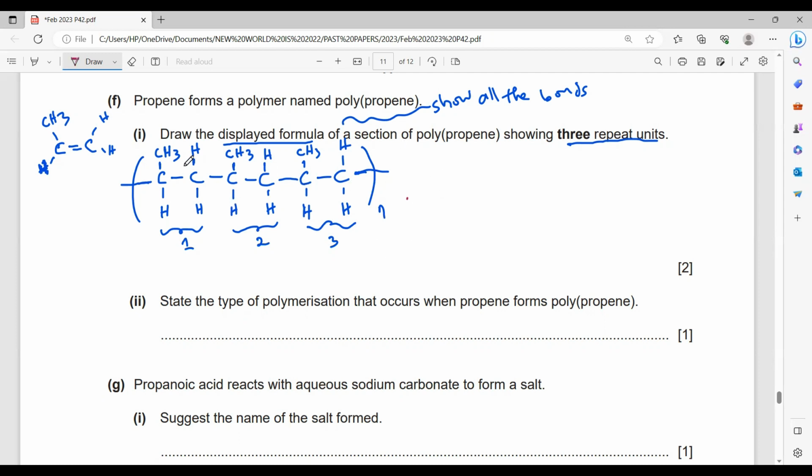Now for the structural formula, I'm going to have my CH3, then CH, then carbon hydrogen. Of course, how many hydrogens? 2 hydrogens there. And that's it. So you can keep on the chain. That's my structural formula. So this is structural, and this is displayed.